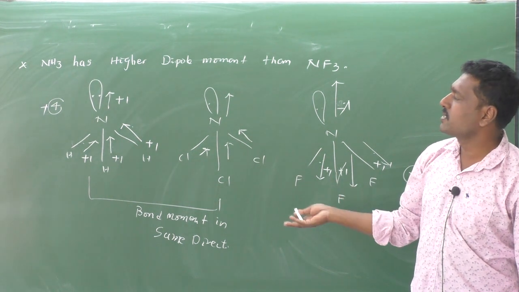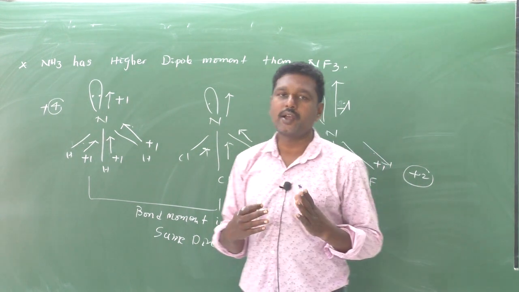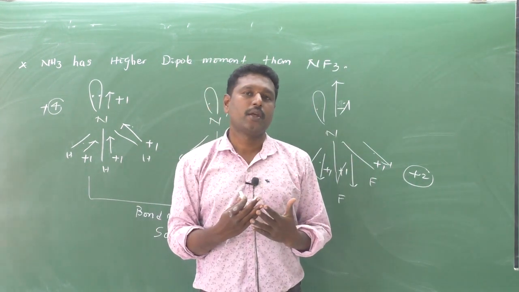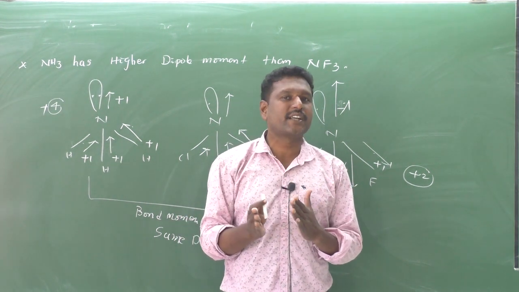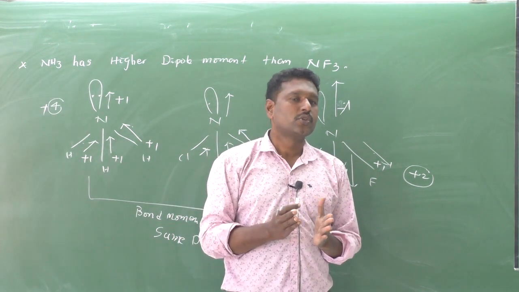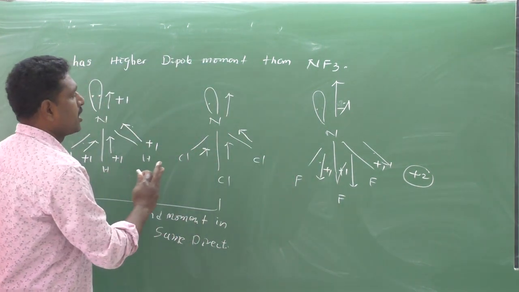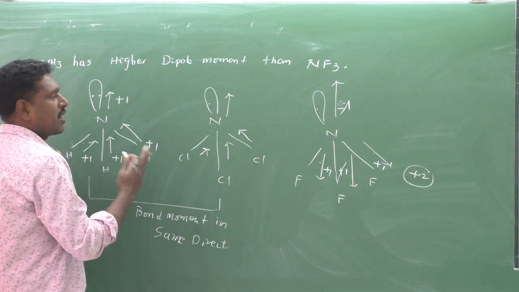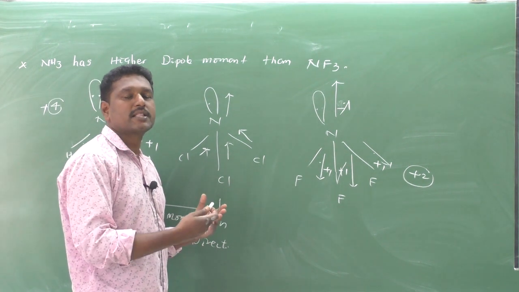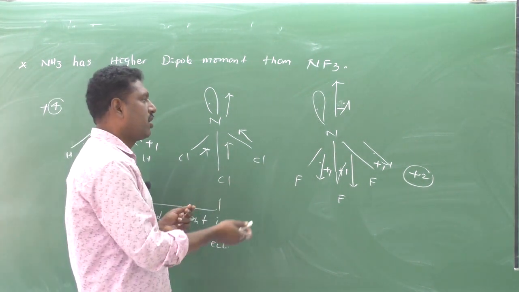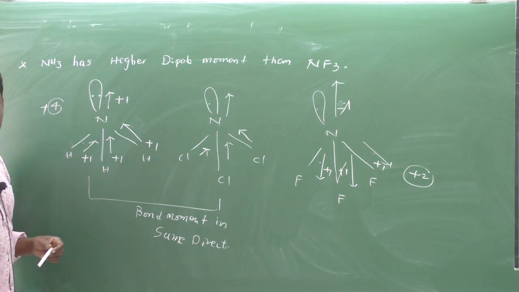So NH3 and NCl3, because dipole moment is a vector quantity. Therefore bond moment being a vector quantity means it is the sum of all the vectors. So when you compare these three, these two have more when compared to NF3, because the bond moments are in the same direction in case of NCl3 and NH3.